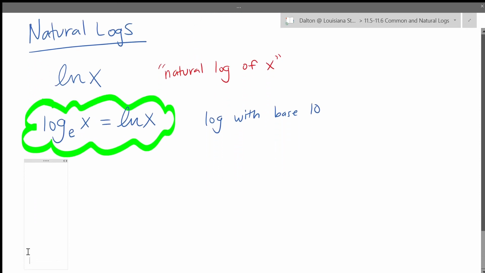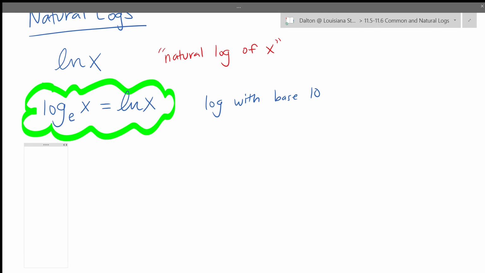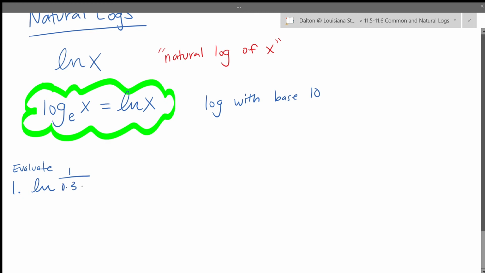So we're just going to do a few examples of different things that you could do with natural logs. And I'm going to start my numbering system over again since we're now on natural log. Number one, I want you to evaluate the natural log of 1 over 0.32.